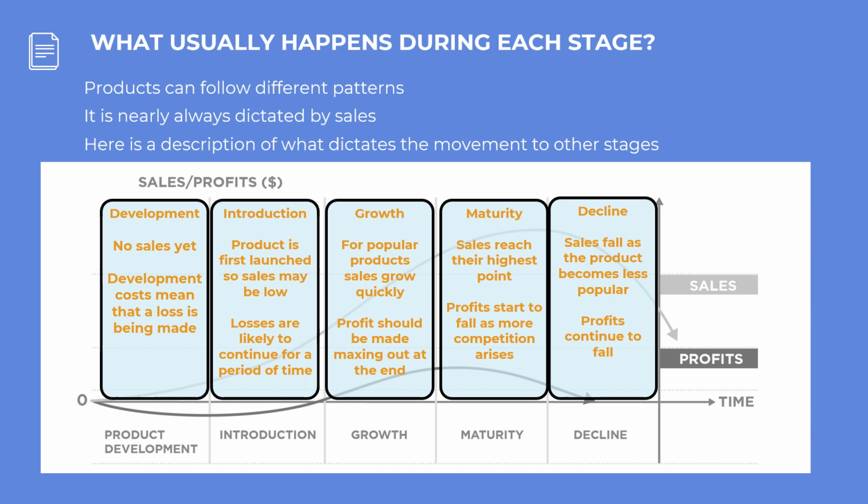And decline is when it becomes very clear that you are selling a lot less products and your profits are getting lower. There are ways of keeping your product in the maturity stage, which we'll look at in a little while. But this is just what you need to be aware of with regards to the product life cycle, what happens at each stage.